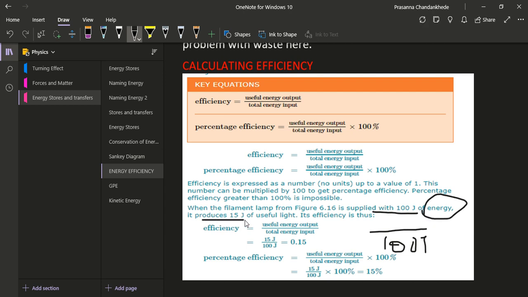It produces only 15 joules of useful light. That will be 15. And we know 15 over 100 is 0.15. The joule and joule cancel. So this is only the efficiency. When you multiply it by 100, you get 15%. That would be our percentage efficiency.